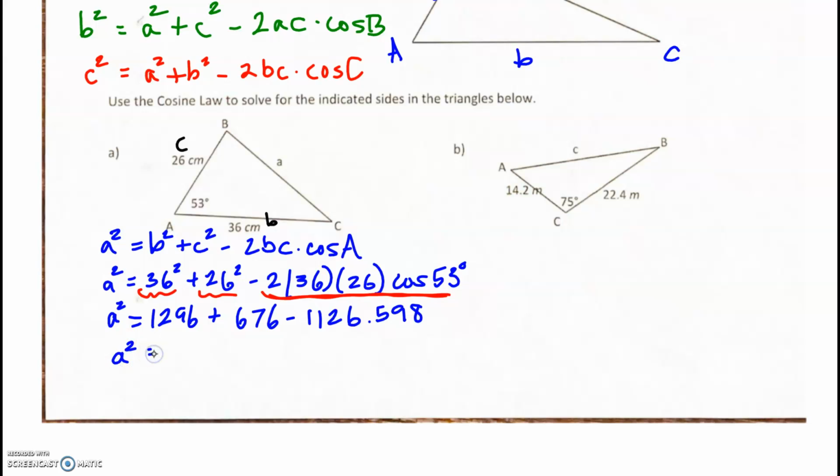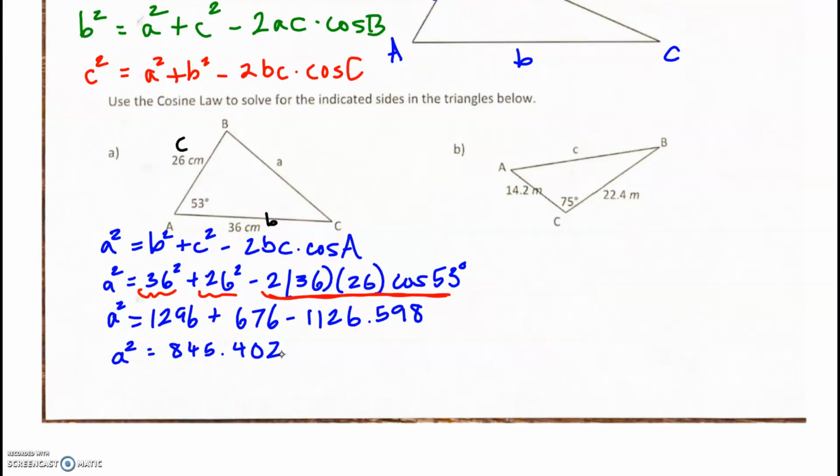All right, so now I'm going to add and subtract. So 1296 plus 676 minus 1,126.598, and I get 845.402.